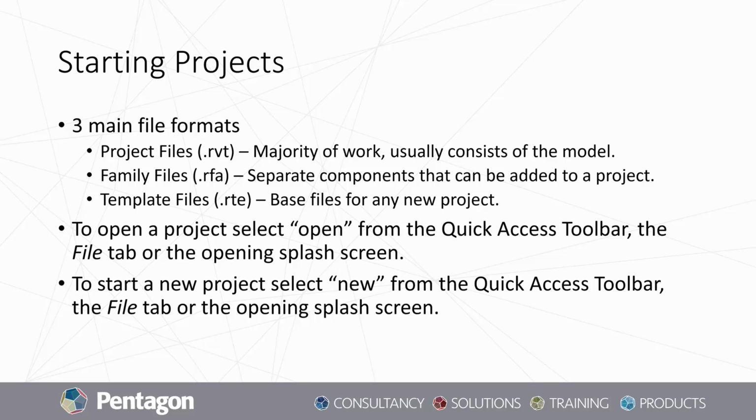And then obviously, if you're doing a day 2 or a more advanced course, then a lot of this knowledge is going to be assumed. So you'll be starting at a slightly different base point in those courses as well. But you can see there we've got some information about file formats and opening, closing and starting new projects.